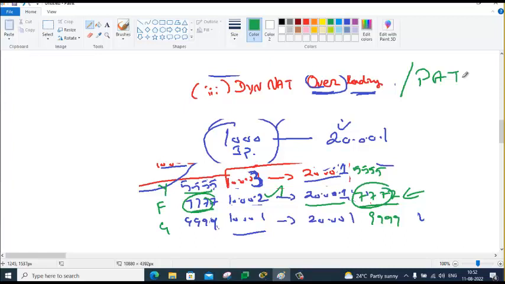You understood the difference between three types of NAT? First type is called static NAT. Static NAT is one-to-one, bidirectional. The disadvantage is you need more public addresses, which is practically not possible. Next is dynamic NAT.